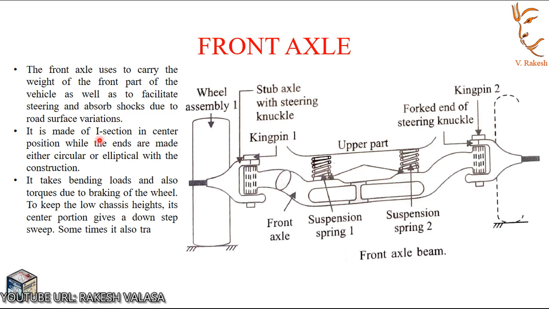It is made of I section in the center position while the ends are made either circular or elliptical in construction. The front axle is a thick, strong and articulate structure member made of forged steel.